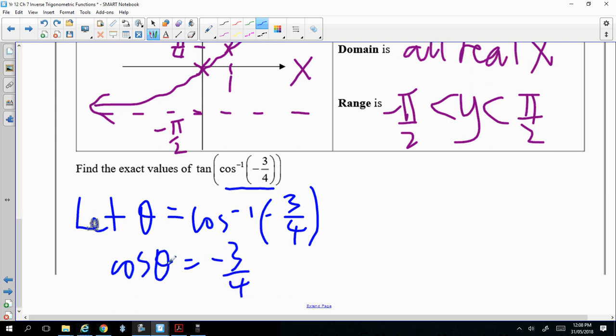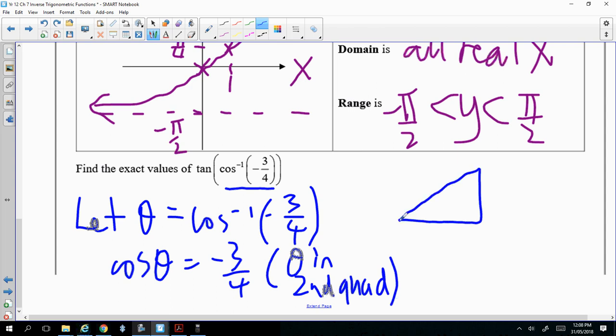When you draw the triangle with the theta label, you have 3/4, adjacent over hypotenuse. Use Pythagoras to work out the third side, 16 minus 9, which is 7. So root 7.